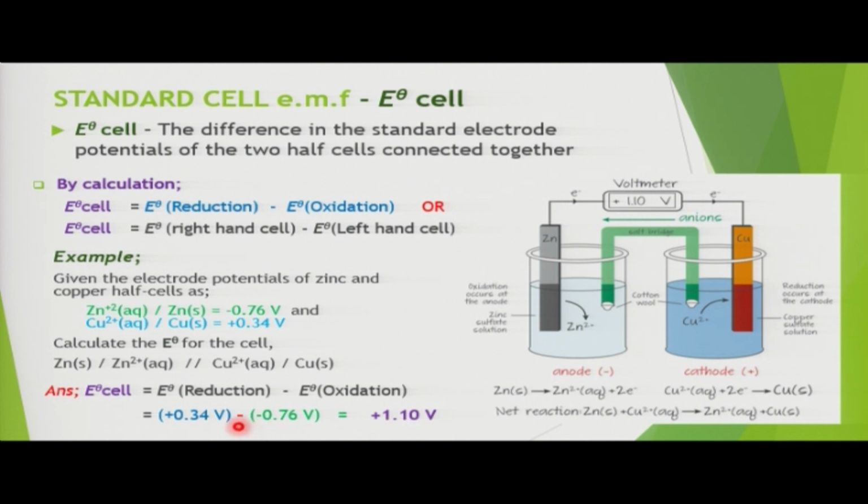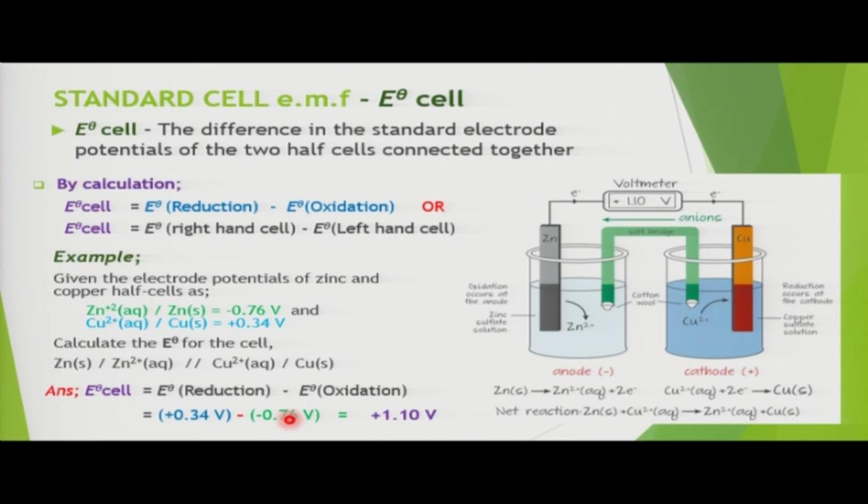This minus, the one you see with the highlighter, is there to reverse the oxidation value. Why reverse it? As we said from the start, this value implies that this half cell, for instance zinc, loses electrons, so it has a more negative potential.